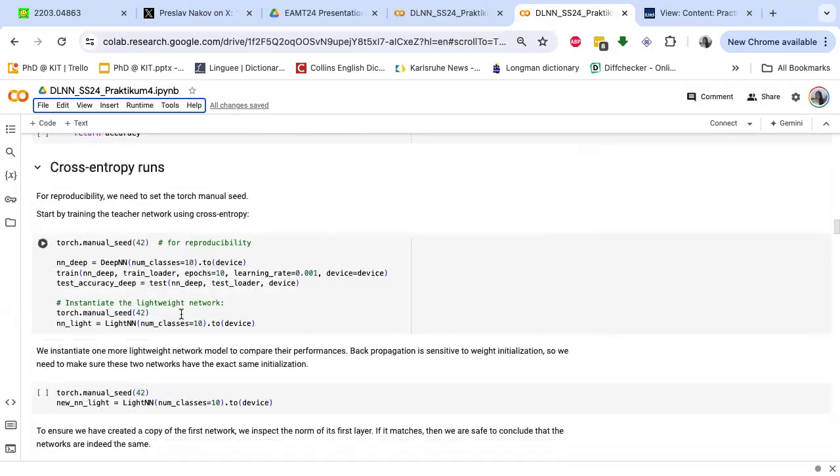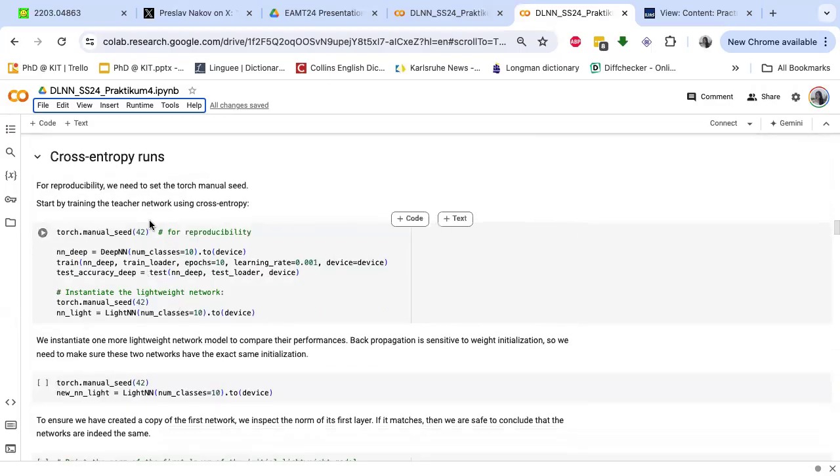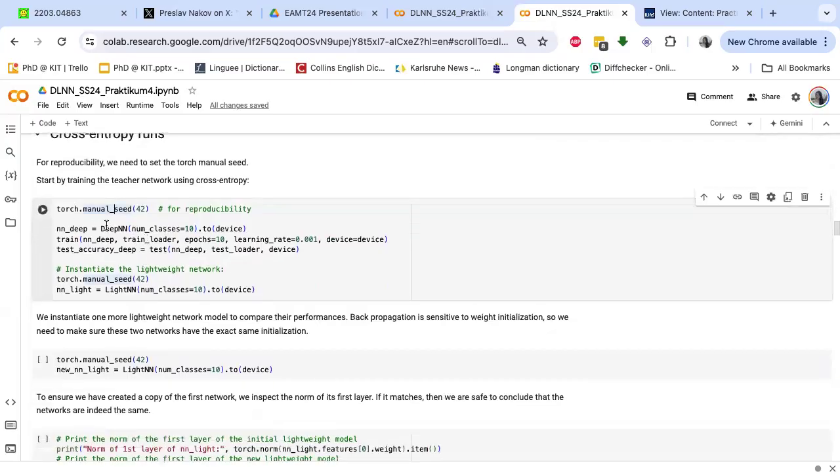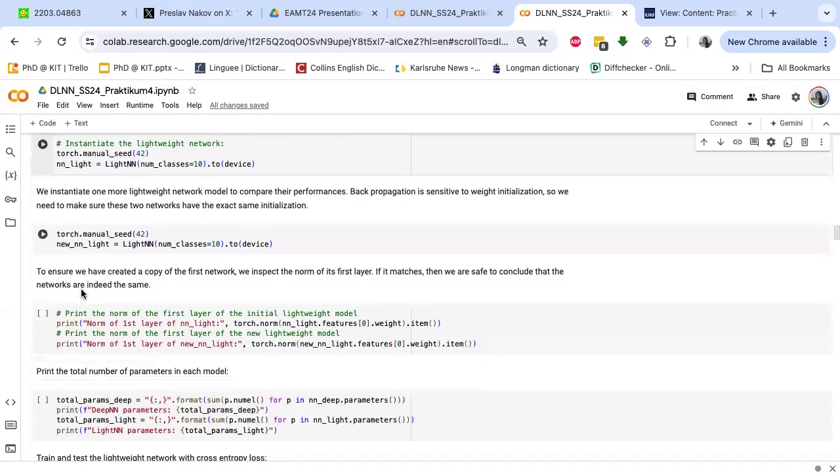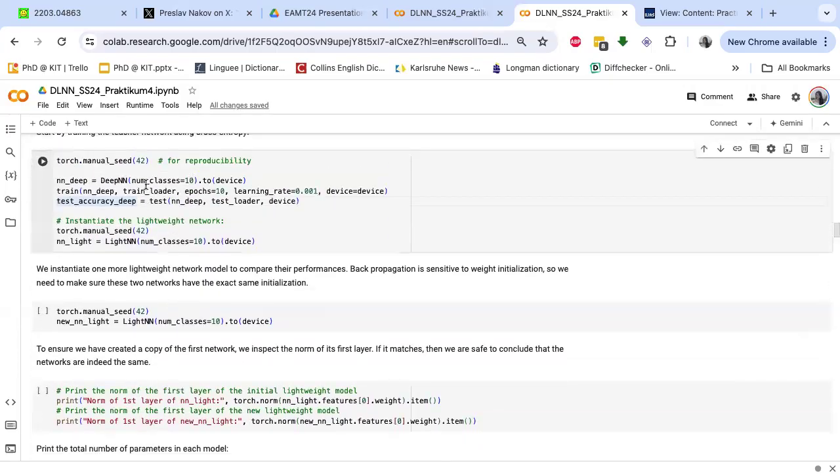The first part is to do cross-entropy runs, as in just training the 2 models individually without doing any knowledge distillation. First, we set the seed for reproducibility, define the model, which we wrote the class for before already, do training and do testing. This is the deep network, which is the supposed teacher.